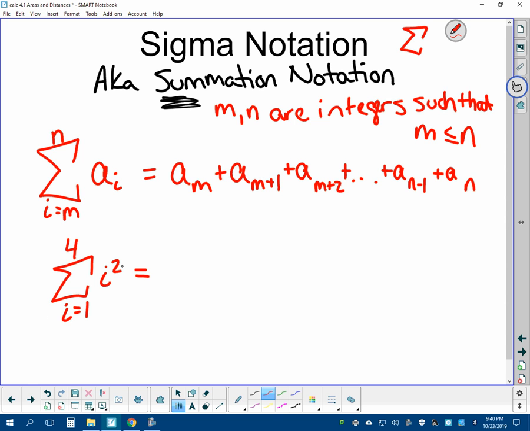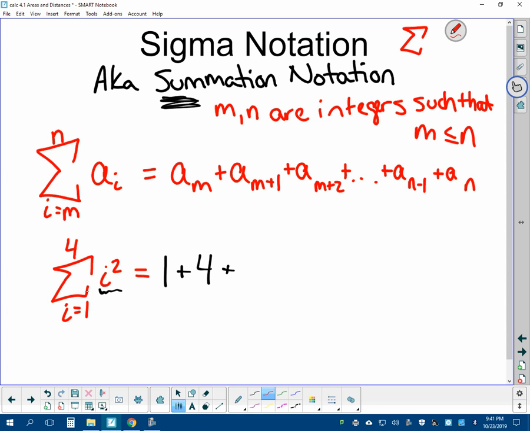So what this notation is telling you to do is to take your first i being 1 and plug it into the formula. If I take 1 and plug it into this formula, I would get 1. I'm going to add to that what I would get if I took the next number, because I'm going from 1 to 4. So if I took the next number, 2, and plugged it into the formula, 2 squared is 4.